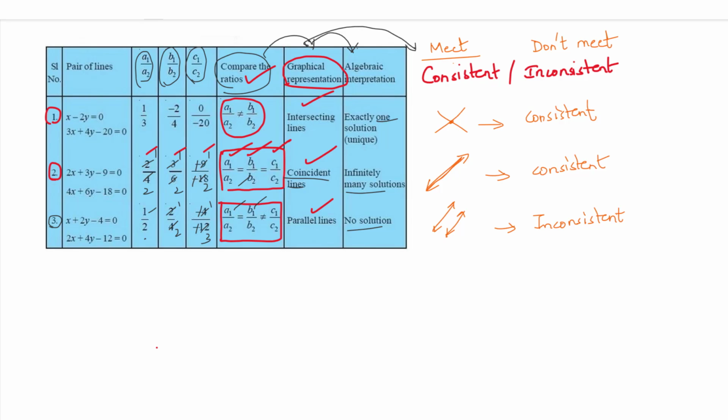So if you understood, consistent can be of two categories, that is, intersecting lines can be consistent, coincident lines can be consistent, and when it is inconsistent, it is parallel lines. So this table is very important to understand the basic concepts of your pairs of linear equations.